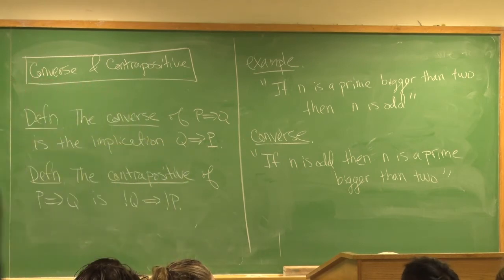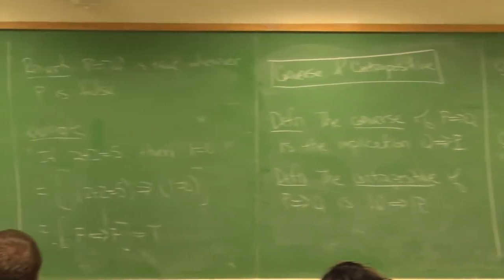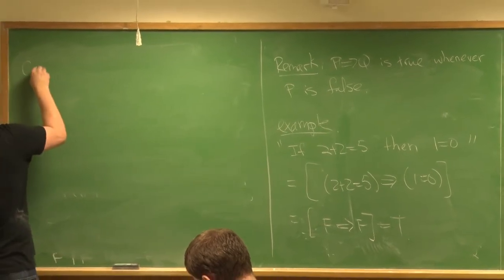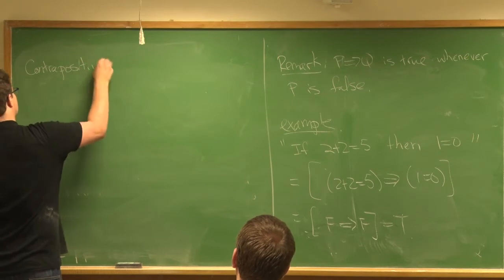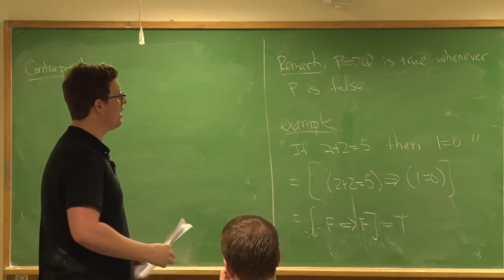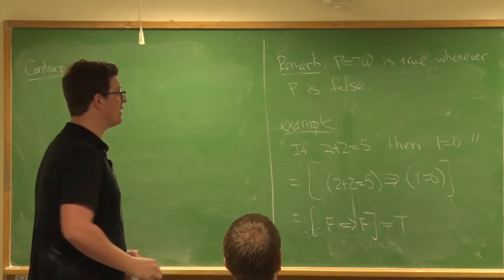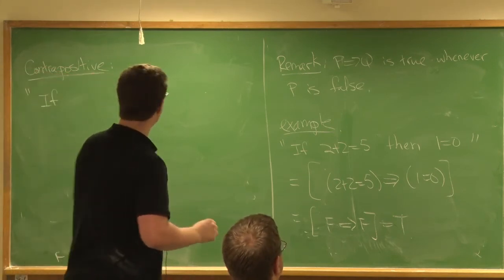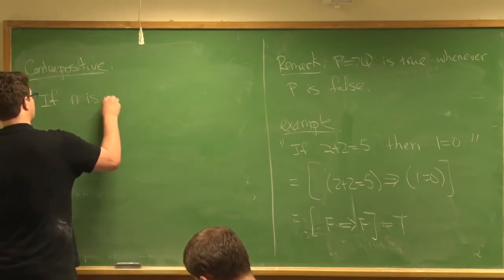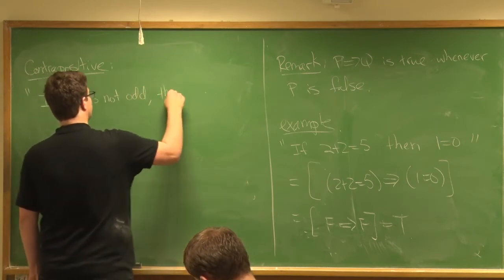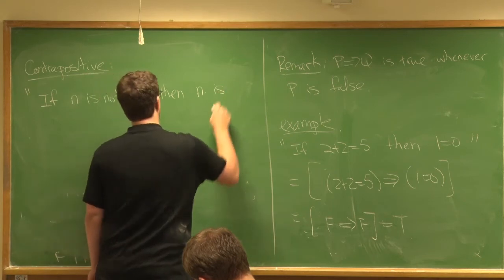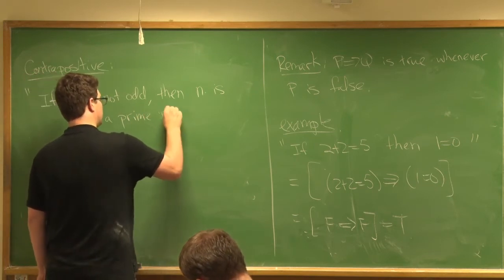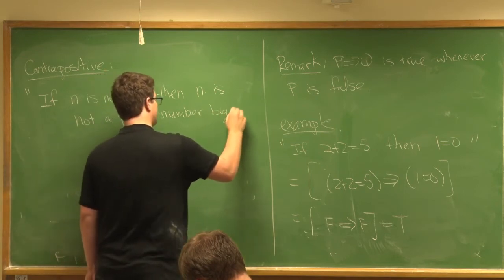But let's look at the contrapositive of our statement. The contrapositive is not Q implies not P. So if n is not odd, then n is not a prime number bigger than 2.